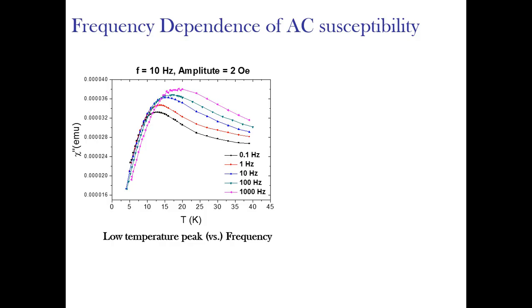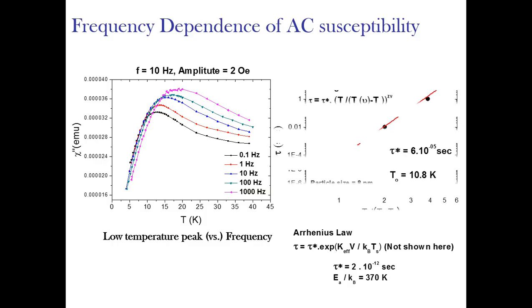You can clearly see the low temperature peak shows a shift of the spin glass transition temperature Tg with increasing frequency, which is due to the change in the anisotropy barriers of the system with frequency, and it is a hint for the presence of a spin glass peak.